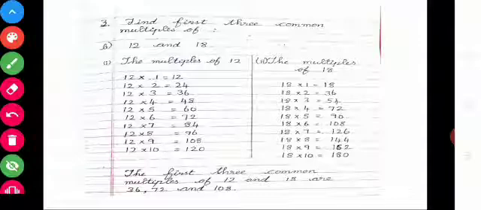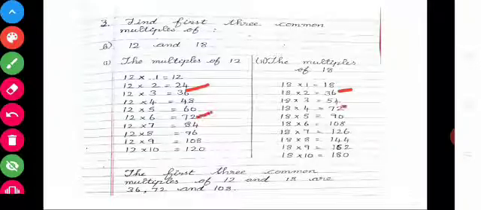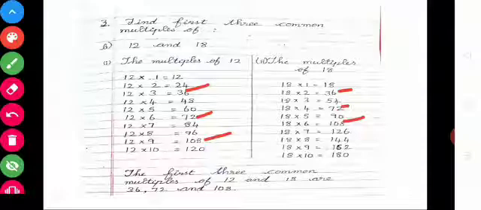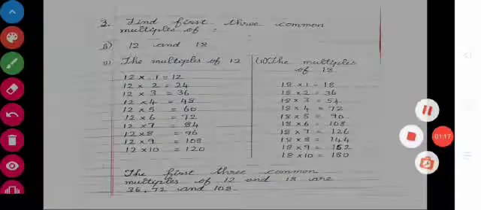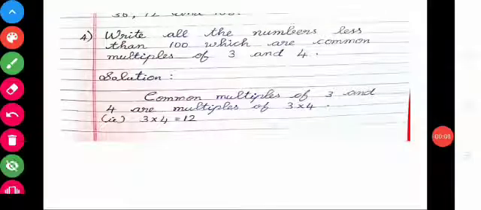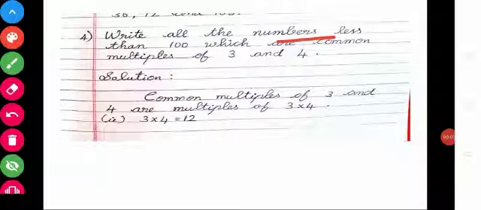Here, the first 3 common multiples, what are they? 36, then 72, then 108. So the first 3 common multiples of 12 and 18 are 36, 72 and 108.